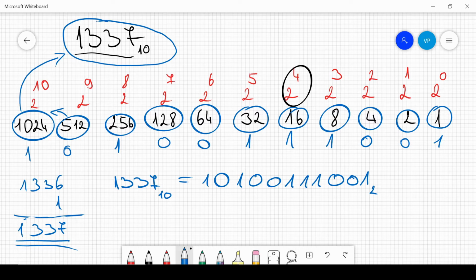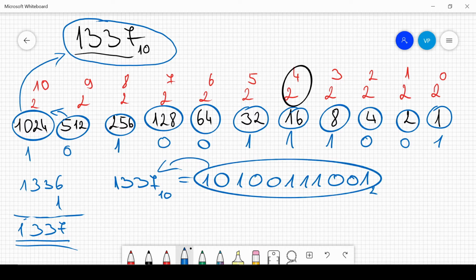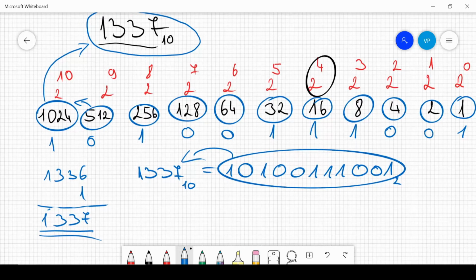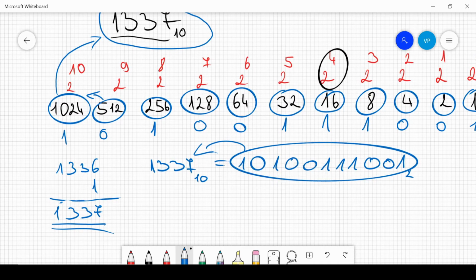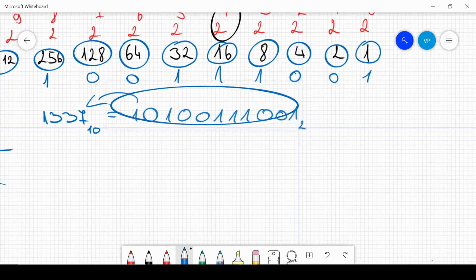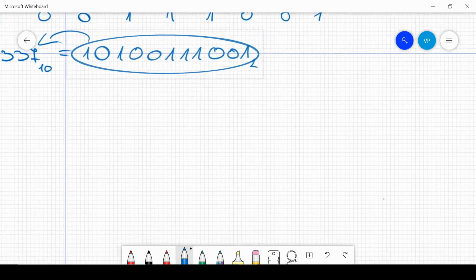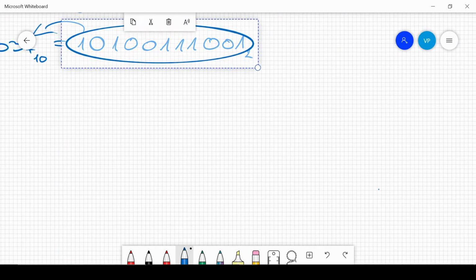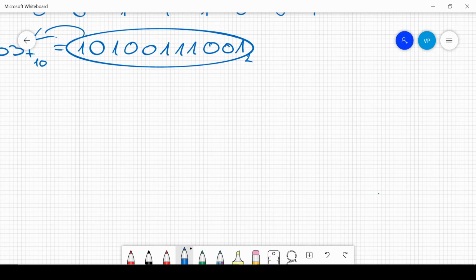So I hope this was not too hard, and now let's convert this number back to this number. I will move this a little bit up if my computer will cooperate with me. So we have this binary number.